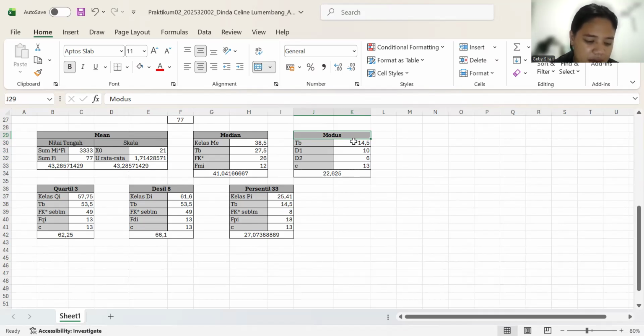Next, we determine d1, the difference in frequency between the modal class and the previous class, and d2, the difference in frequency between the modal class and the class after it.